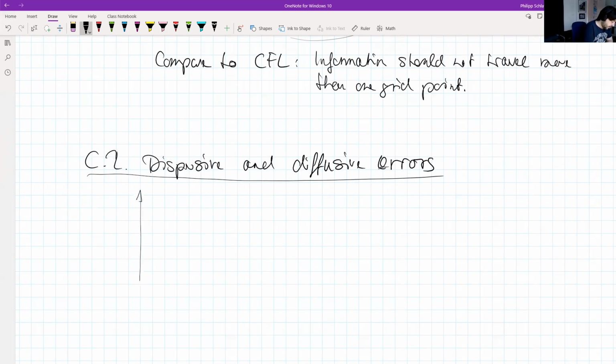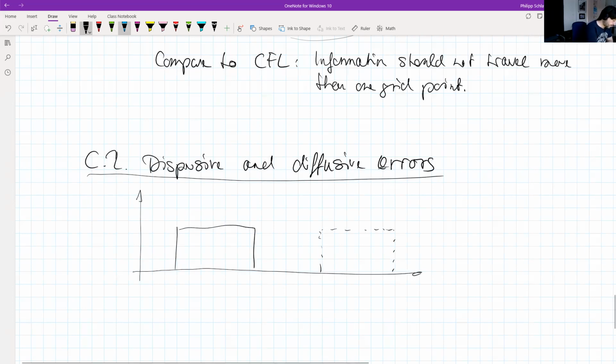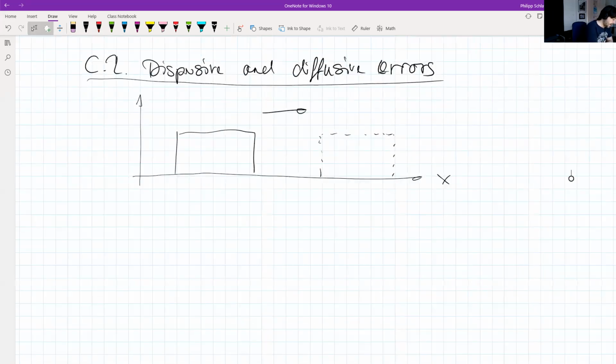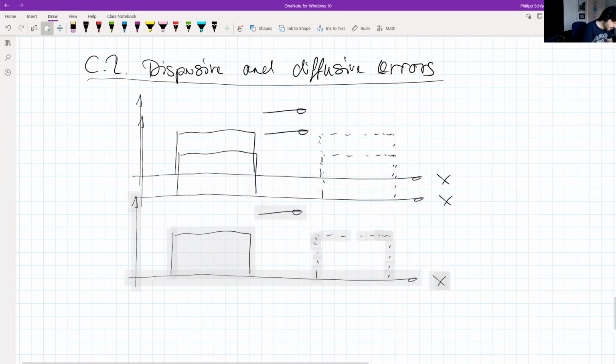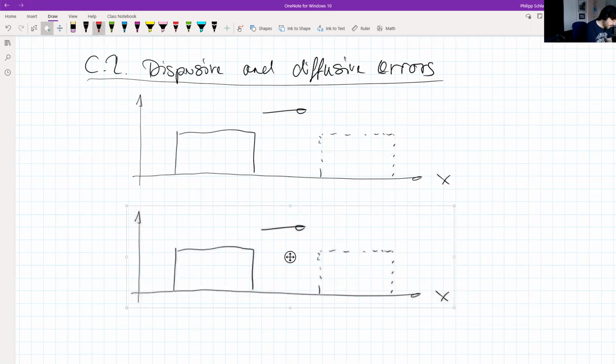As a motivation, I'm just drawing these two figures again. If you remember, this was the initial condition, then if this is x, we have the advection equation that does this. And if I'm just being lazy and I'm just copying this, so if I just have these two diagrams, and if I plot in the upper one diffusive errors, then the solution would probably look like this.